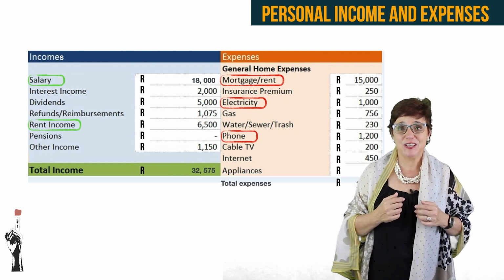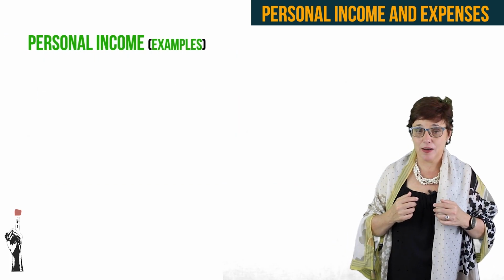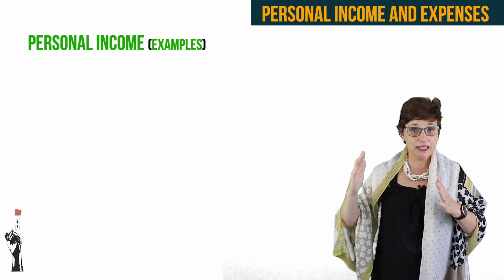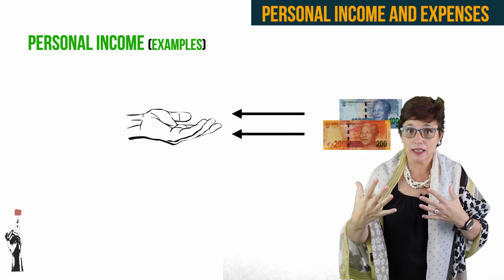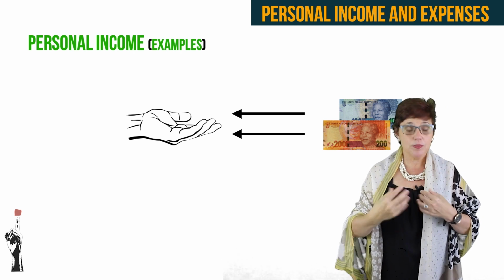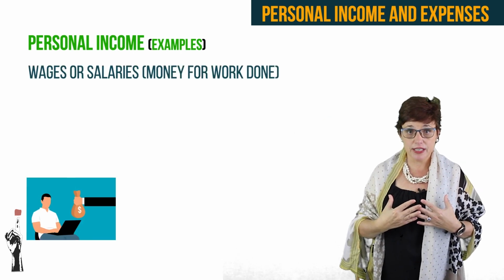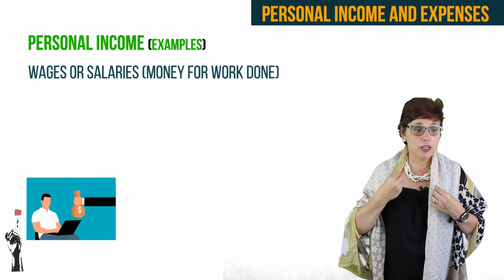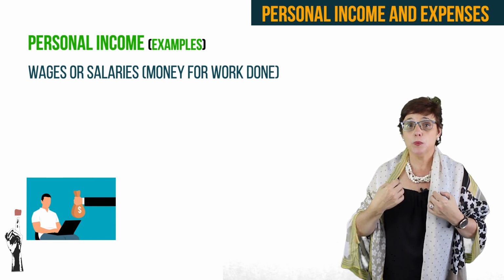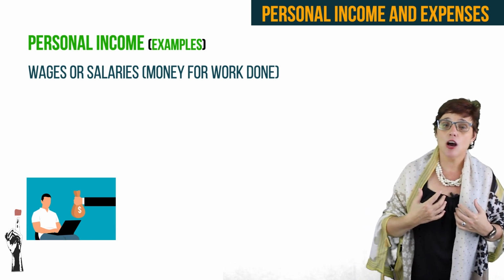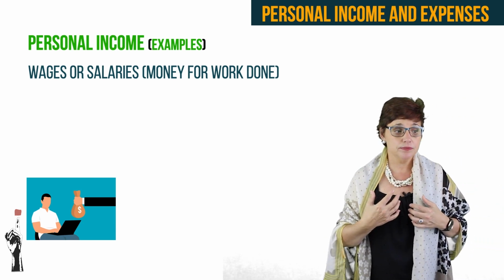Let's have a closer look at personal income. Remember, personal income is money coming in, ways that we can earn money. For example, wages or salaries, that is where you work for your money. Wages are paid weekly and salaries are paid monthly.